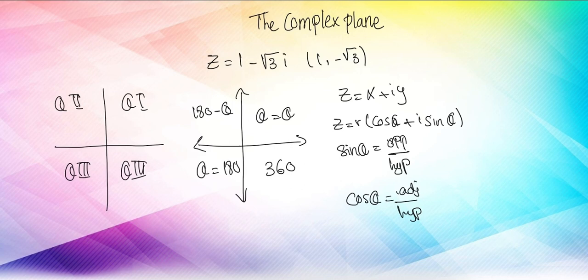So we have sine and cosine: in sine it is the opposite over the hypotenuse, and cosine is the adjacent over the hypotenuse, like we did with numbers in that example. So I have a new question.